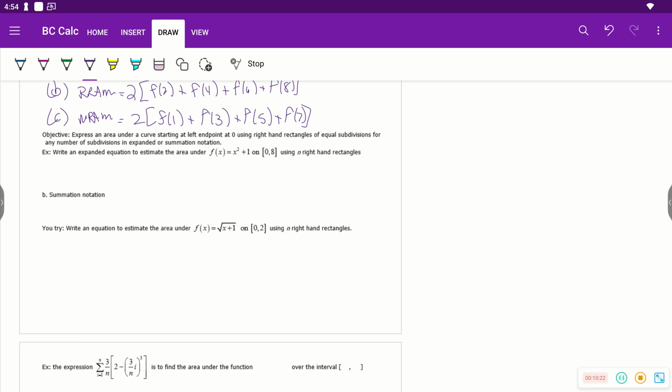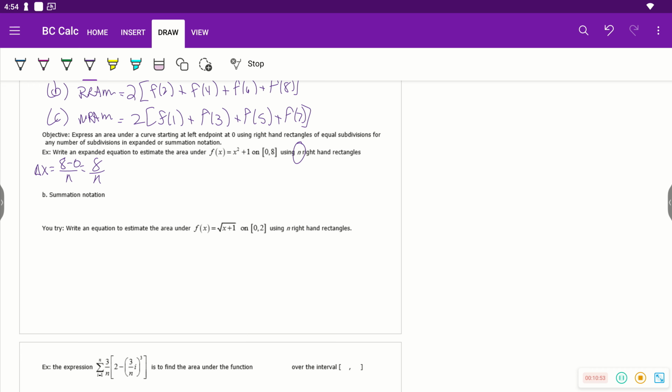If I wanted to do this then in a more abstract way, instead of using an exact number, but more of an abstract or any type of number of rectangles, then I would start by finding delta x, and I know the region width is 8, but I don't know how many subdivisions, so I don't really know how wide each one is, other than 8 divided by whatever I choose for n.